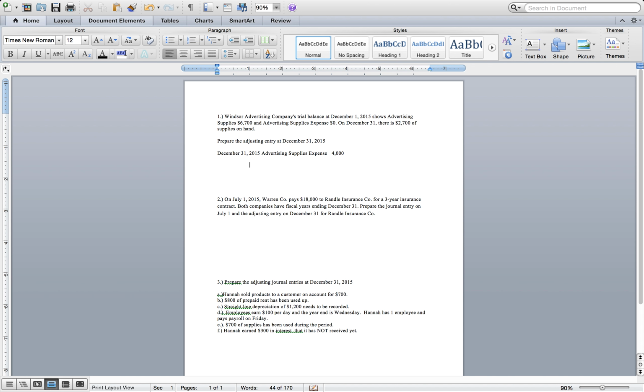This represents how much supplies you have actually used up. And then you would credit the asset, which in this case is advertising supplies. You would credit the asset because you want to decrease the asset. If you don't decrease the asset, you would think you have $6,700 of supplies, except in reality, you have $2,700 of supplies.